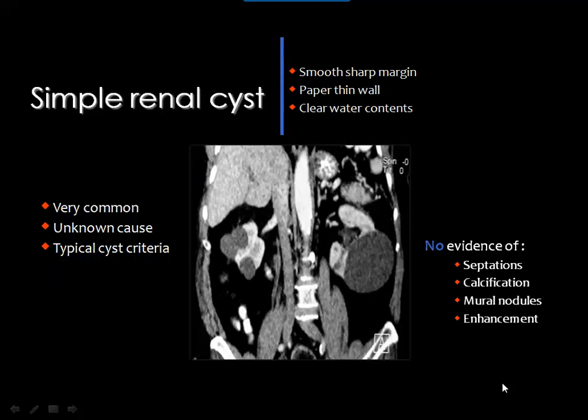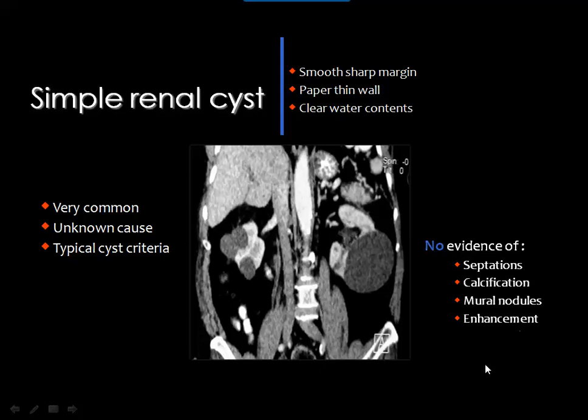Then the simple renal cyst is a very common entity, and the cause is unknown. And you remember the typical cystic criteria, which are 7: 3 positive and 4 negative. The 3 positive are smooth, sharp margin, paper-thin wall, and clear water content.